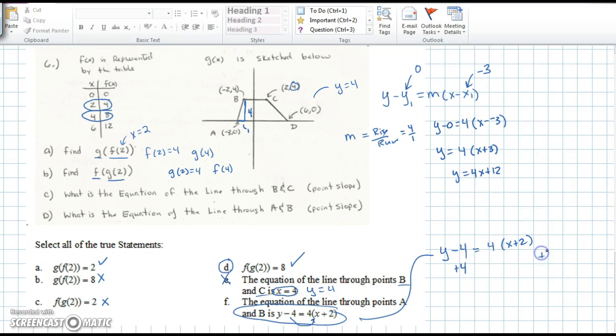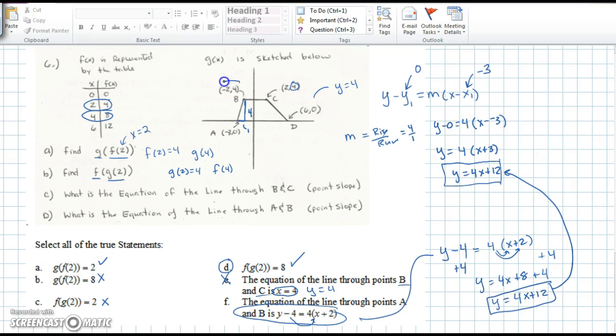If I add 4, I'm looking at y equals 4x plus 8 plus 4, or y equals 4x plus 12. That is, in fact, the one we want.